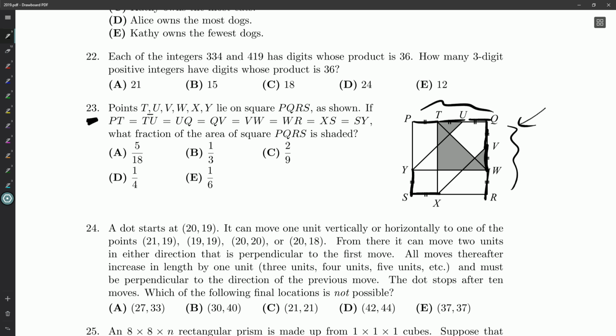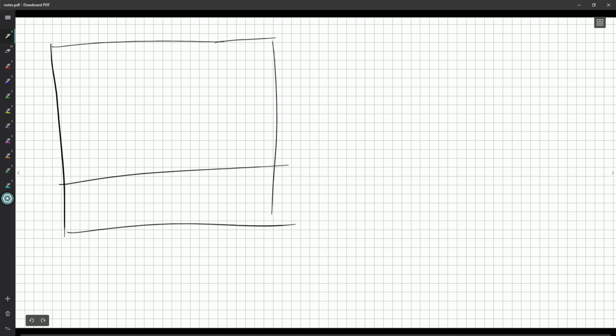All right, now there's a couple ways I could think to maybe go through this question. Let's draw ourselves a little bit of a picture here. Okay, now I believe this was connected across.